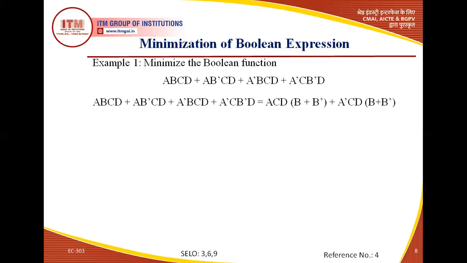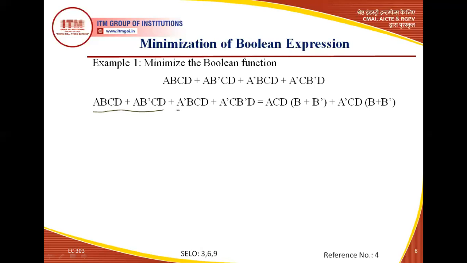So first we note down the function: ABCD plus AB bar CD plus A bar BCD plus A bar B bar CD, equal to. From the first two terms, we apply the distributive property, from which we can take ACD as the common term. So in the bracket, we get B plus B dash.